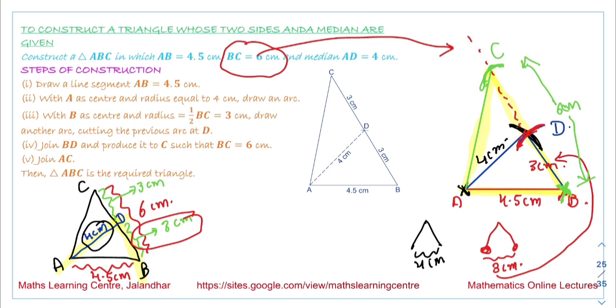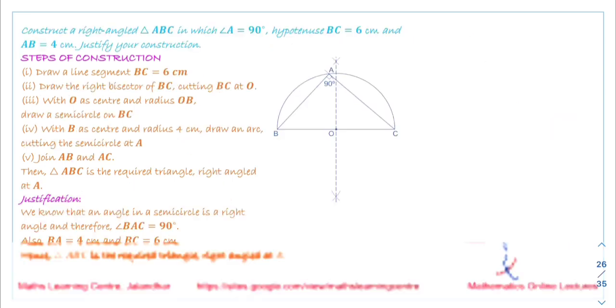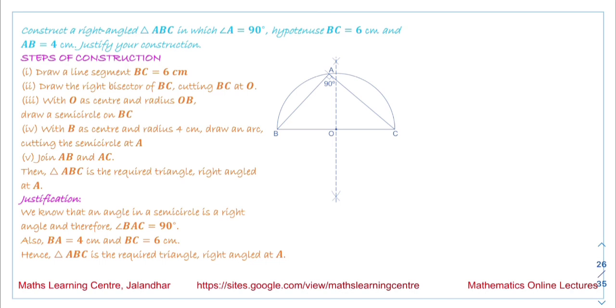Now next we have to construct a right angle triangle ABC, in which angle A is 90 degree, hypotenuse BC is 6 centimeter, and AB is 4 centimeter.